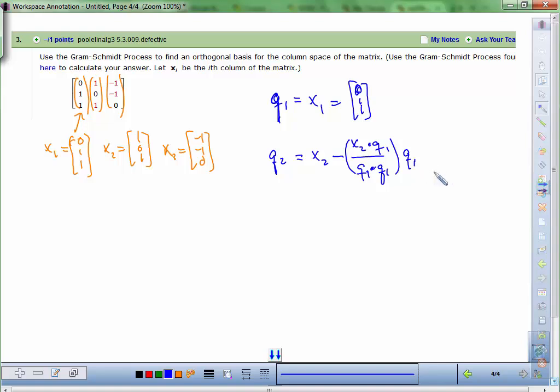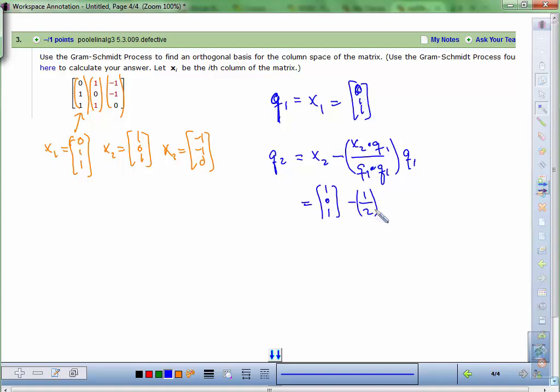What is that? x2 is 1, 0, 1, minus x2 and q1 dotted together, that's 1, and q1 dotted with itself is 2.